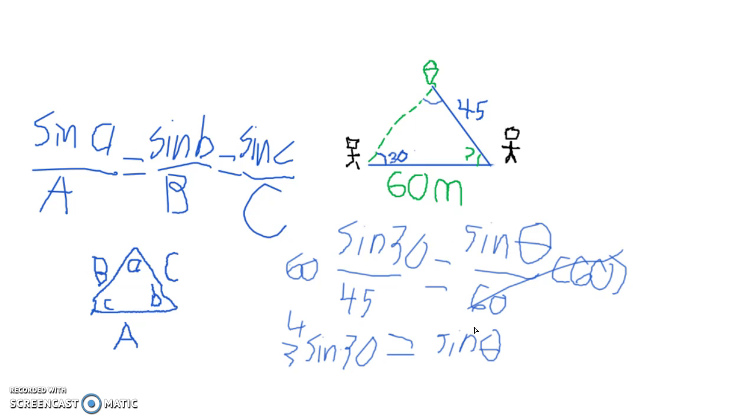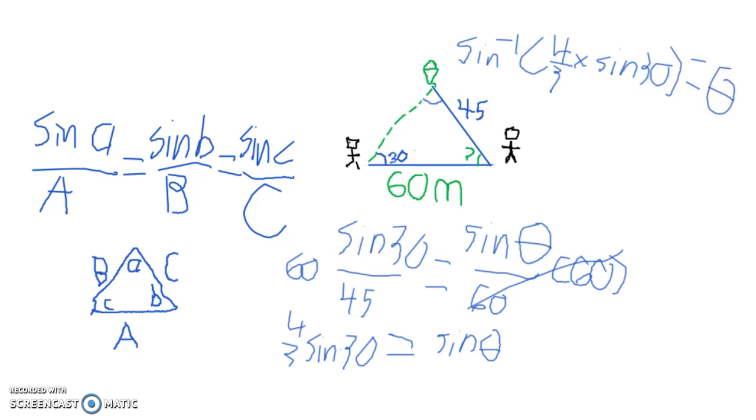Now, to simplify this even further, we can use the inverse sine to solve for theta. So we would have inverse sine in brackets of 4/3 times sine of 30 degrees, and this would give us theta.